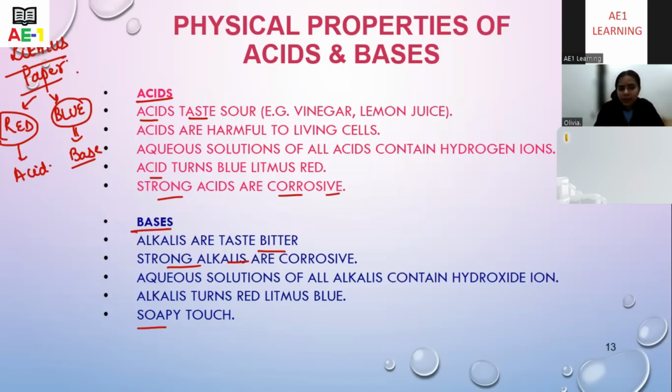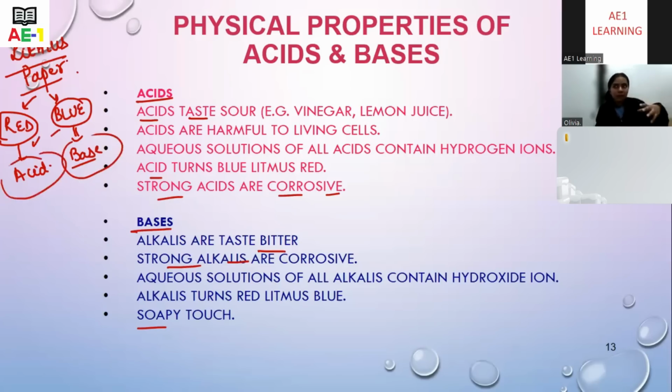And again, if we look at the chemical structure of a base, they have more OH negative ions. And again, I told you that we have two papers, the litmus paper. I'm going to explain this in detail in the next session. We have two types of paper, red and blue. The blue represents the base and the red represents the acid.